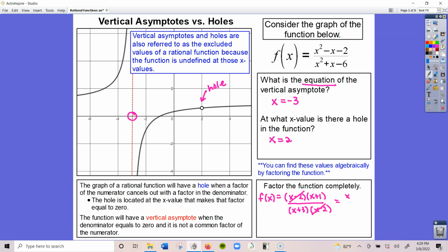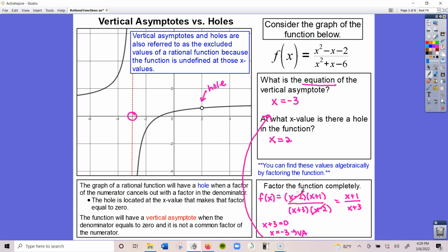And I get here x plus 1 over x plus 3. Whatever is left over in the denominator, that's how you know where you have the vertical asymptote. See, if I set x plus 3 equal to 0, I get x is equal to negative 3. This is my vertical asymptote, you see?